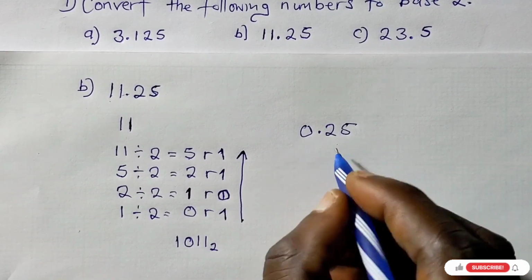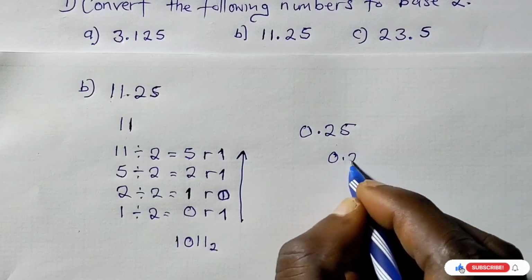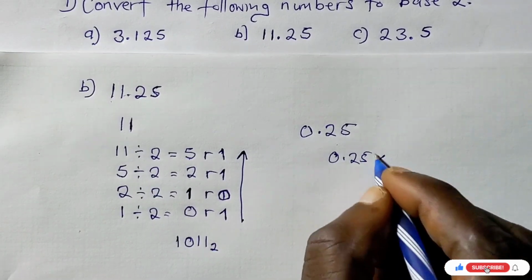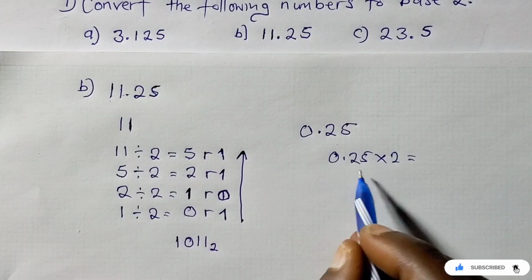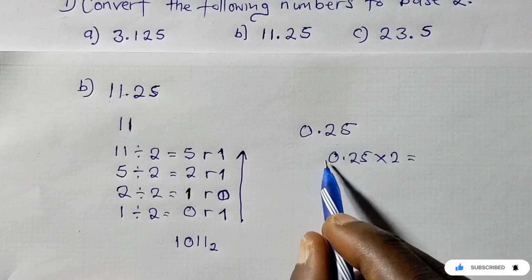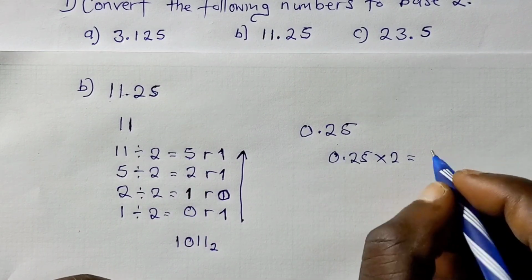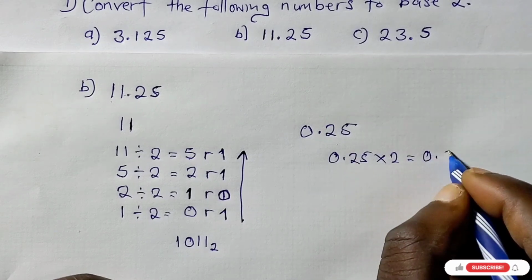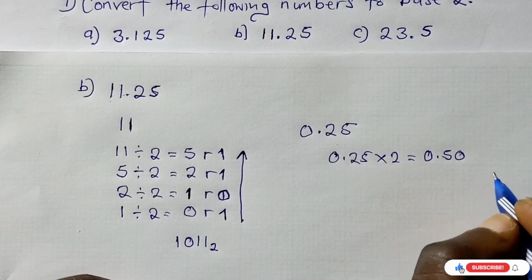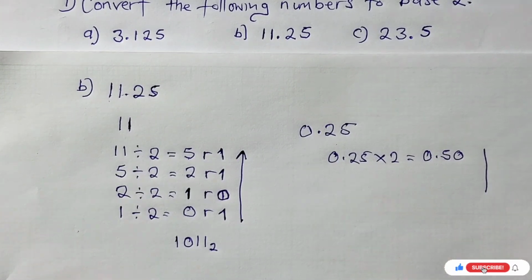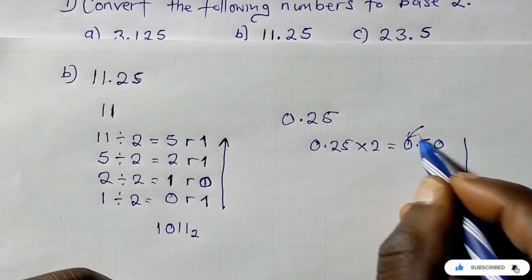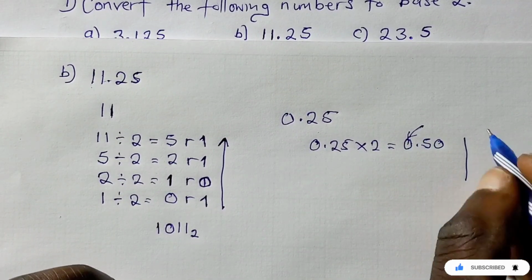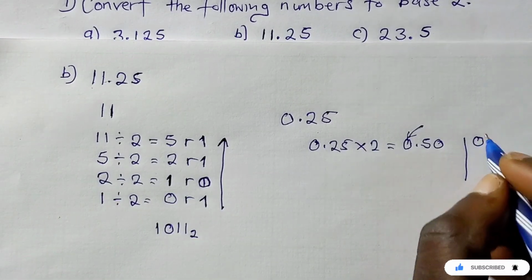This side, you multiply by 2. When you multiply by 2 here, we are going to have 0.50. Then you get the number in front before the decimal point, which is 0.